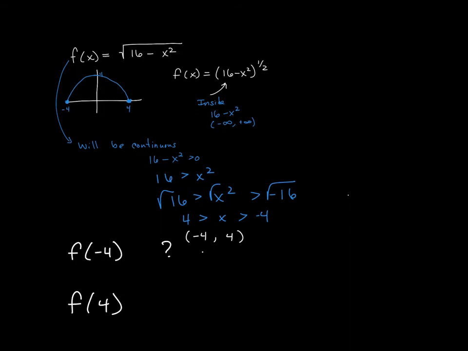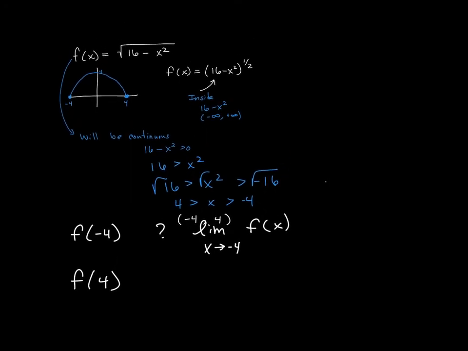And the question is, does that equal the limit as x approaches negative 4 of our function, and does this equal the limit as x approaches 4 of my function? We're going to have to look at the positive and negative sides of that.